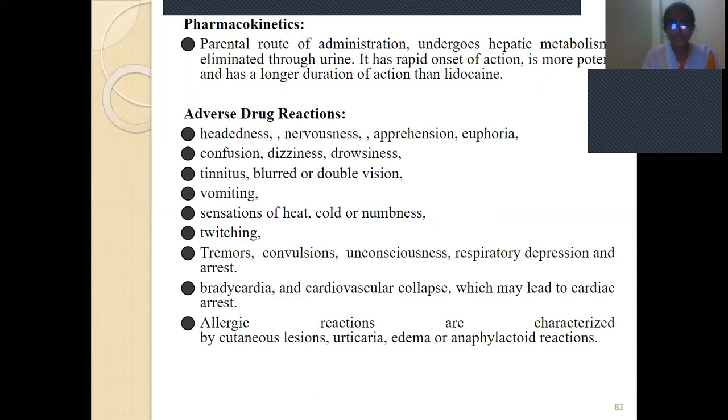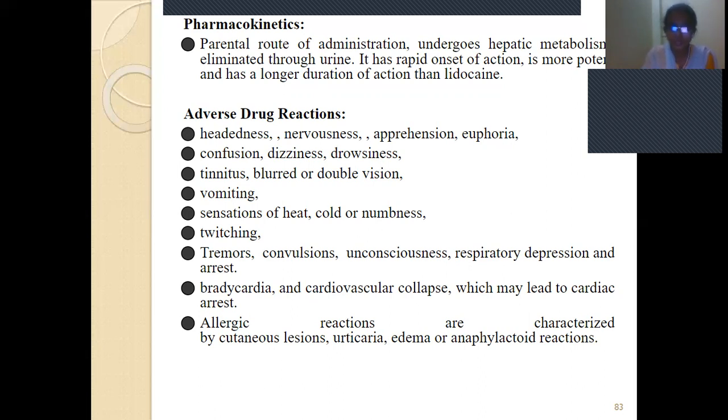Pharmacokinetics: it is given by the parenteral route, undergoes hepatic metabolism, and is eliminated through the urine. It has a rapid onset of action, is more potent, and has a longer duration of action when compared with lidocaine.